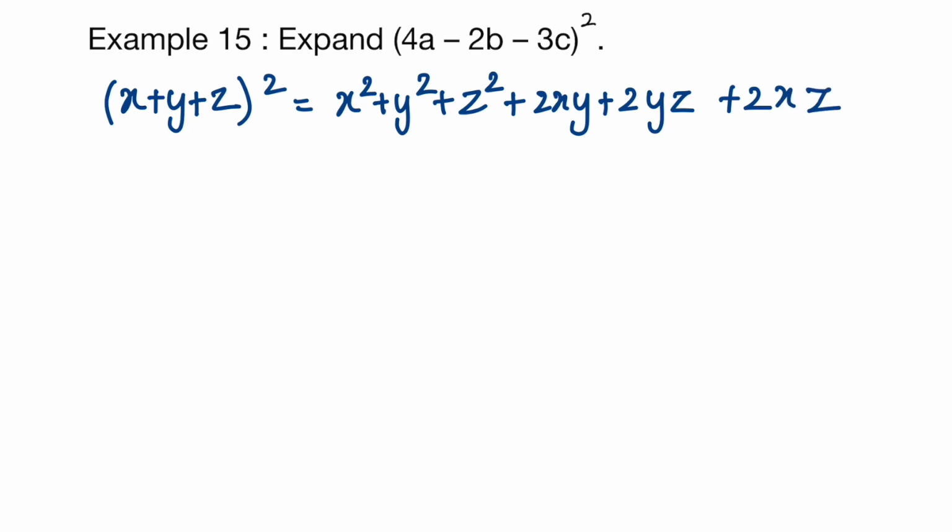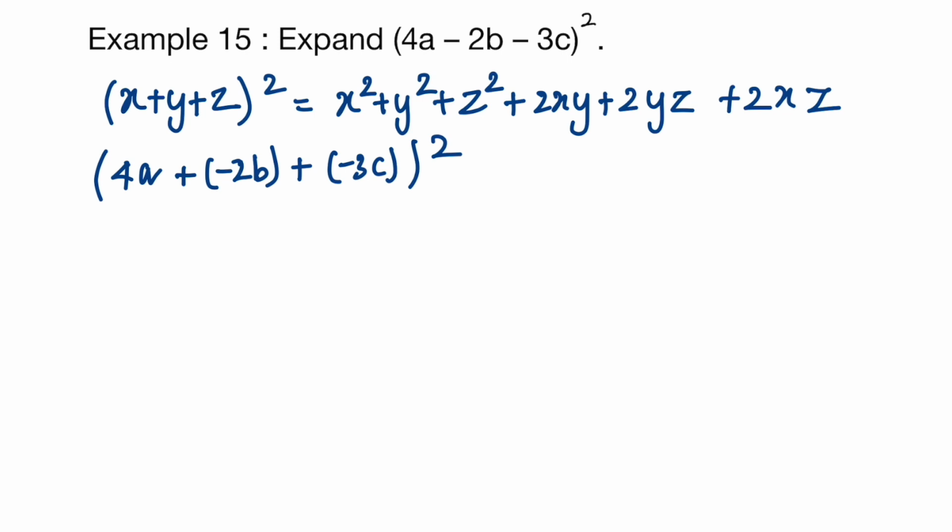Okay, now we are just going to do a very simple thing that is going to allow you to use this formula to solve this one. What you are going to do is you are going to have 4a as x and minus 2b as y and minus 3c as z and whole squared.